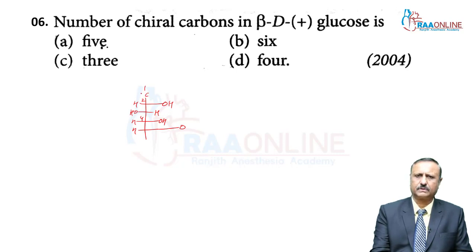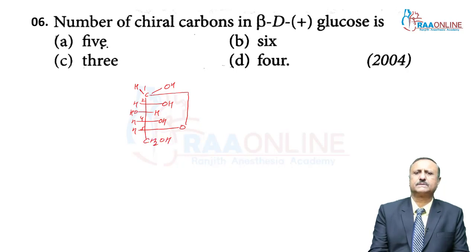After the fifth carbon atom you get the sixth carbon atom, which is CH2OH. When this OH group is present on your right hand side, it is called alpha D glucose.